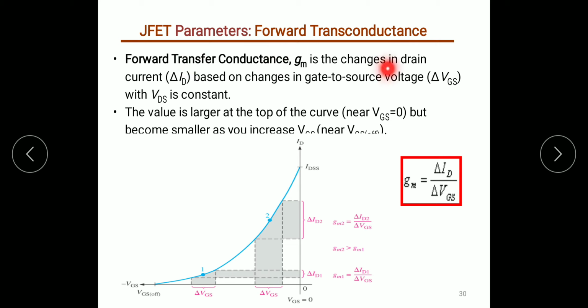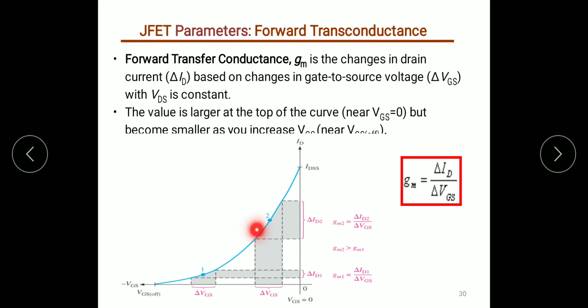It is the change in drain current, that is delta ID, based on the change in gate to source voltage, delta VGS, with VDS constant. So GM, conductance, what is it? Simply it is the ratio of delta ID divided by delta VGS.